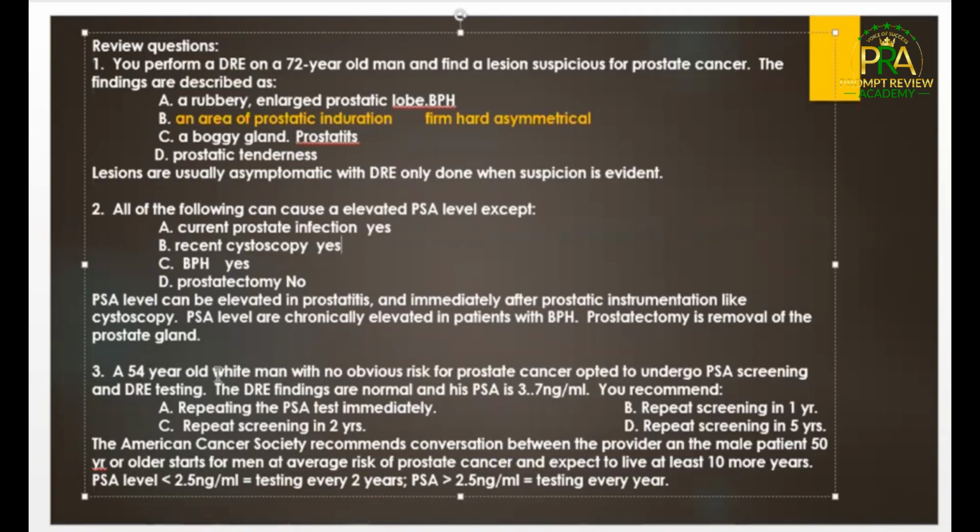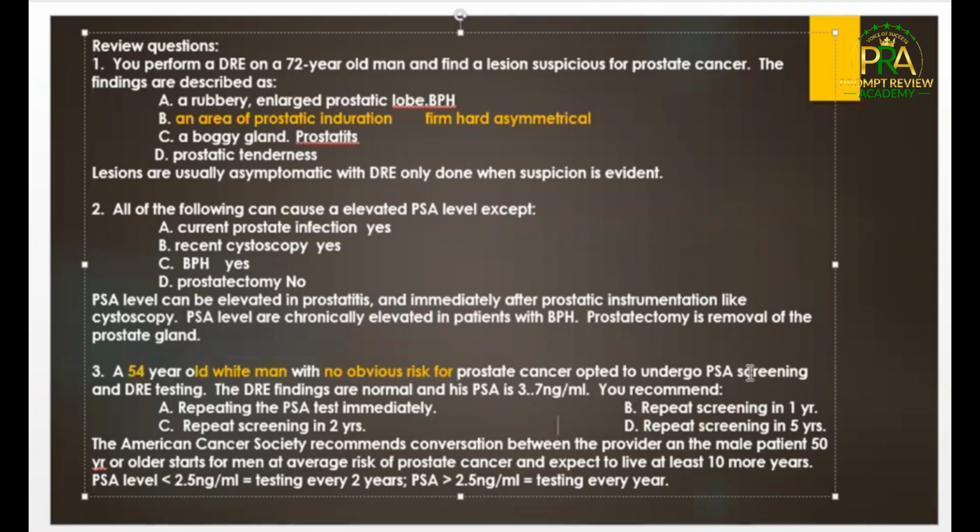A 54-year-old white male with no obvious risk for prostate cancer. Look at the buzzword, no obvious risk. That is how I do it in the exam. I highlight the buzzword. It's telling you white male. That is a buzzword. Then age 54, because we are looking at something.